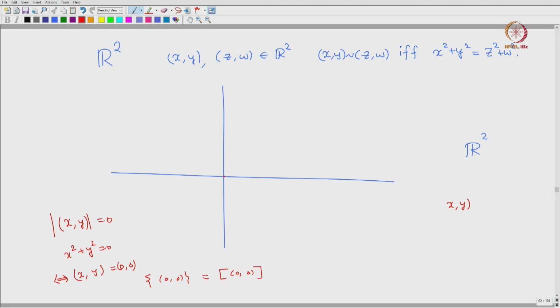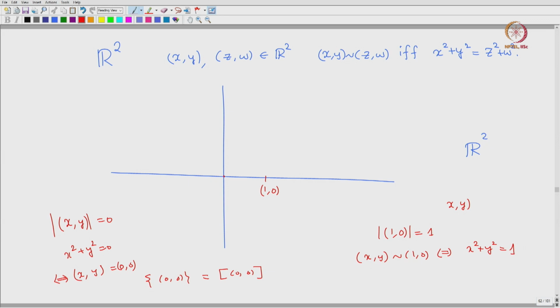Now let us look at some other element. For example, we can take (1, 0) and see what elements lie there. If I take (1, 0), then the norm of this is exactly 1. Now we want (x, y) related to (1, 0), which holds if and only if x² + y² is 1.